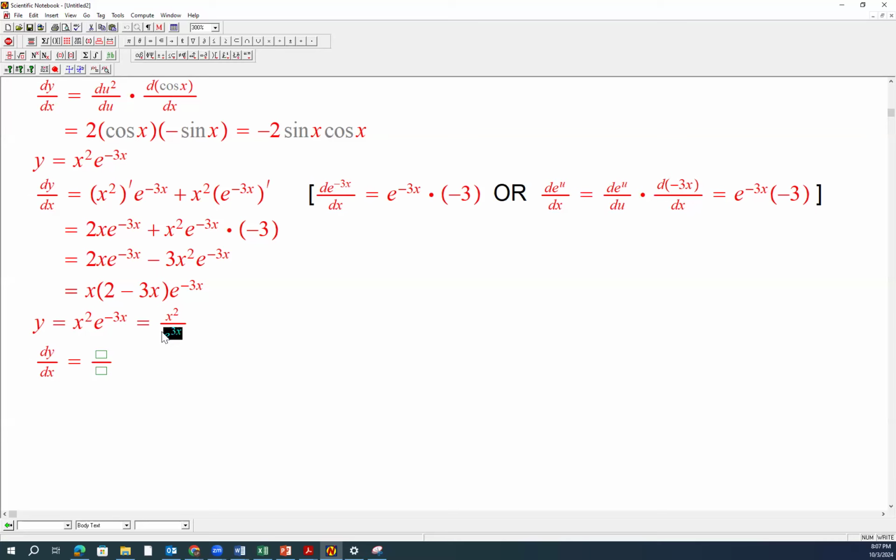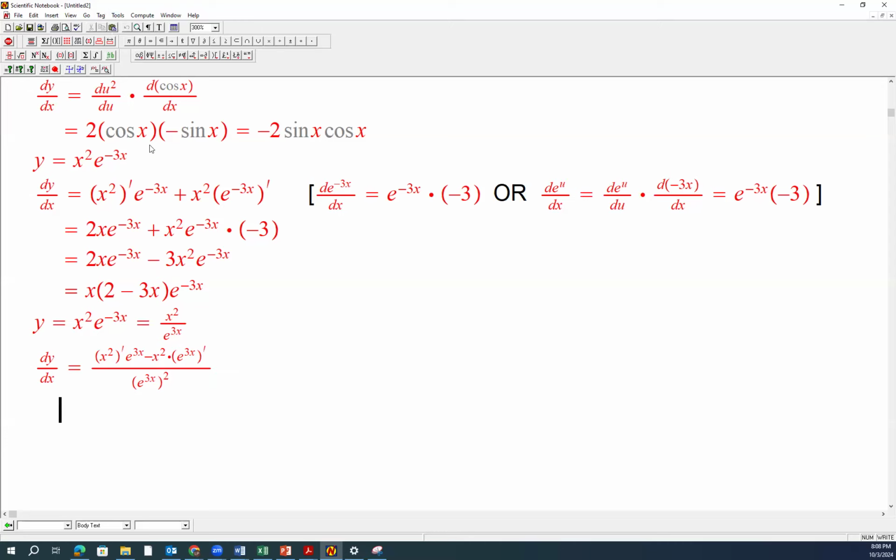The denominator is being squared, and you differentiate the numerator, which is x squared, and then multiply e to the power 3x. The denominator subtracting, and this time x squared will not be differentiated, and differentiate the other one, e to the power 3x. It's e to the power 3x, not a negative 3x.